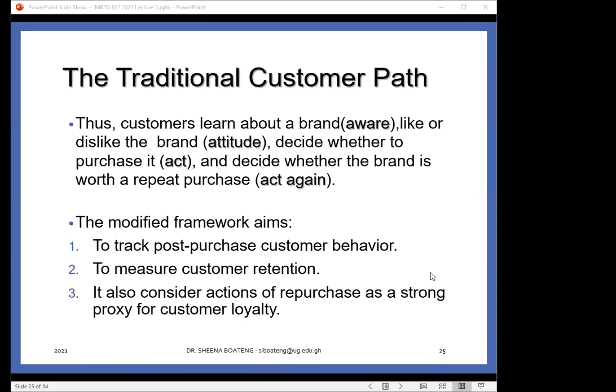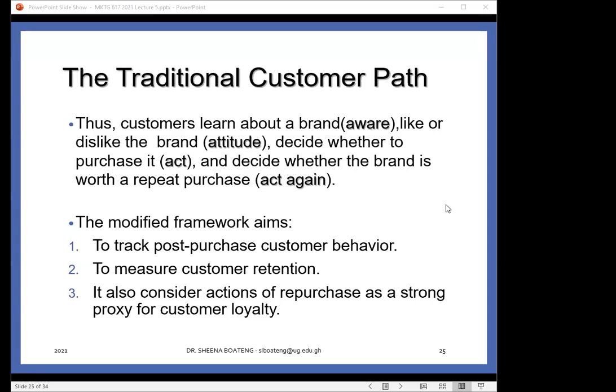And then finally, it was also modified to help consider the actions of repurchase as a strong proxy for customer loyalty. Right? Because customer loyalty is most of all exhibited through repurchase. That is the prime measure of loyalty.